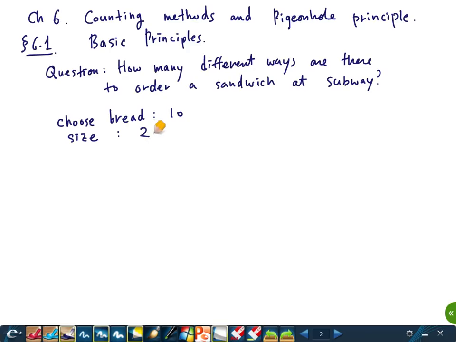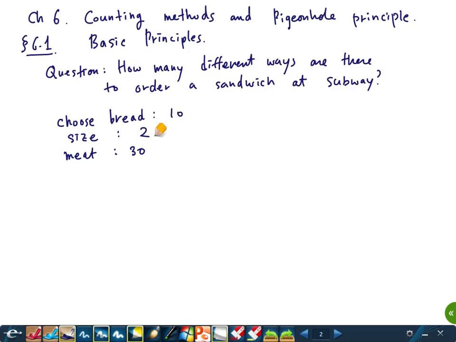So there are two possibilities for the size, and for the meat, I don't know exactly, but there are many. I'm not sure, but let's say there are 30 possibilities to order the meat.